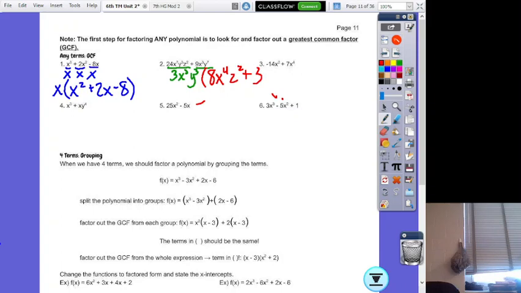And then you have x to the third divided by x to the third. So those are all gone, right? And we have y to the seventh divided by y to the third. How many y's are left? 4 of the y's. So we're going to do y to the fourth. 3y to the fourth there. That's my GCF and my leftovers for number 2.